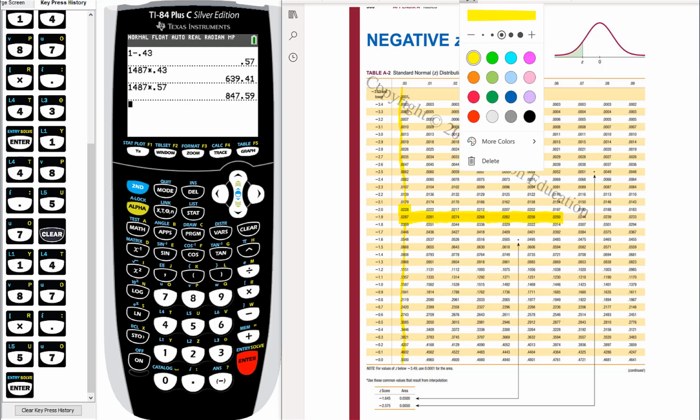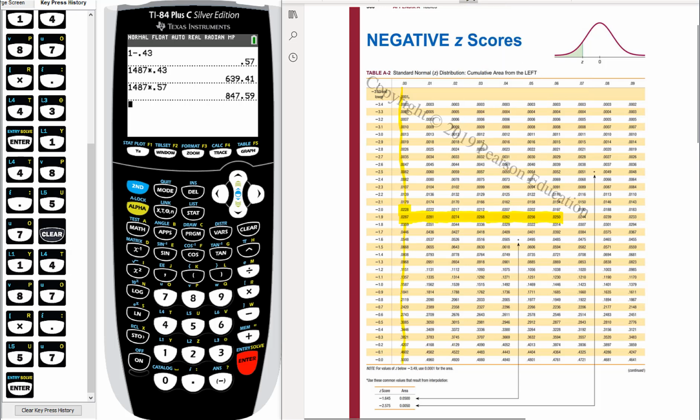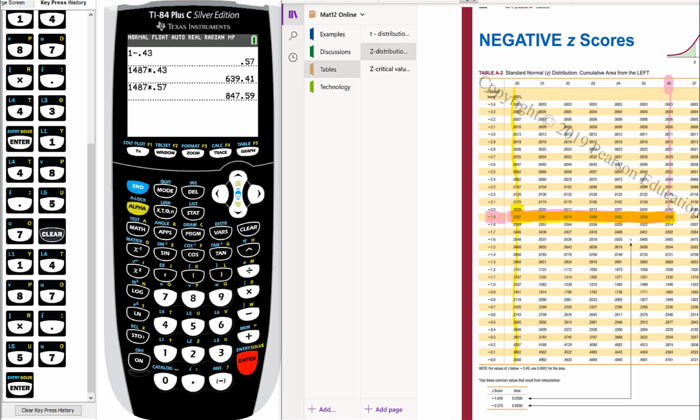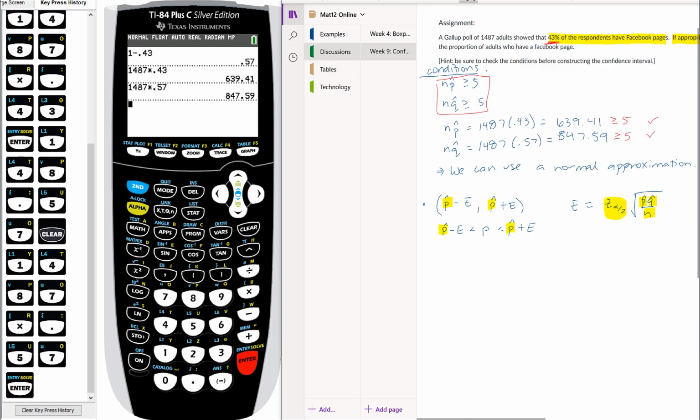So we're going to go to the left of this value to read off the z score. That's negative 1.9. And we're going to go up and meet that other part of the z value. So we get negative 1.9 and then a 6. So negative 1.96 is going to be the cutoff.